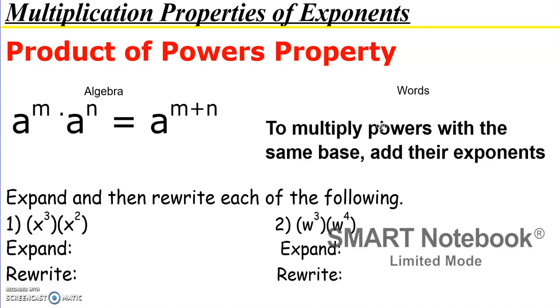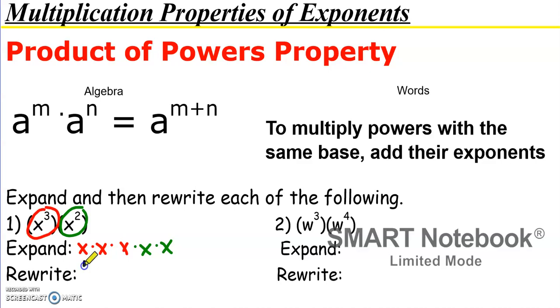So let's do an example in the bottom left-hand corner here. We have x to the third times x squared. If I want to show what it looks like in expanded form, it would be x to the third, so x times x times x, getting multiplied with x squared. So I have two of them. Now, how many do I have in total?